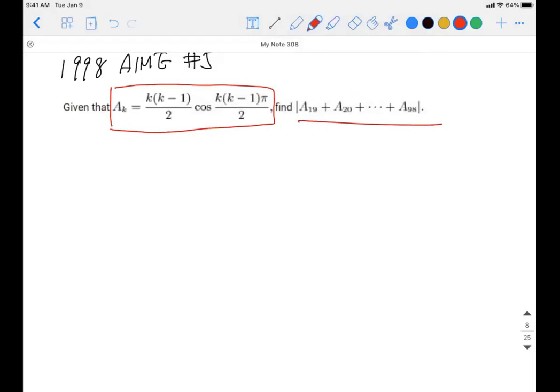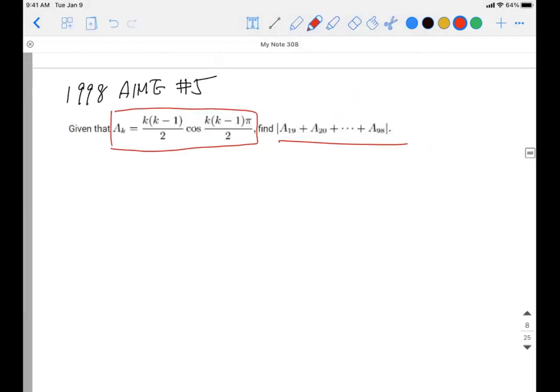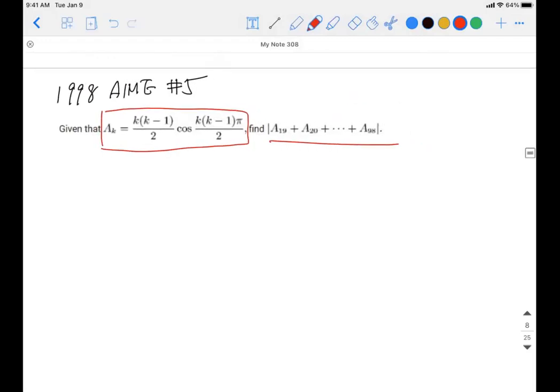Okay, so how can we deal with this problem? We always want to teach you the thinking process, the strategy rather than the solution. First things first, a quick observation: A_K is a general formula, and you want to put K equals 19, 20, all the way to 98 to figure out the sum.